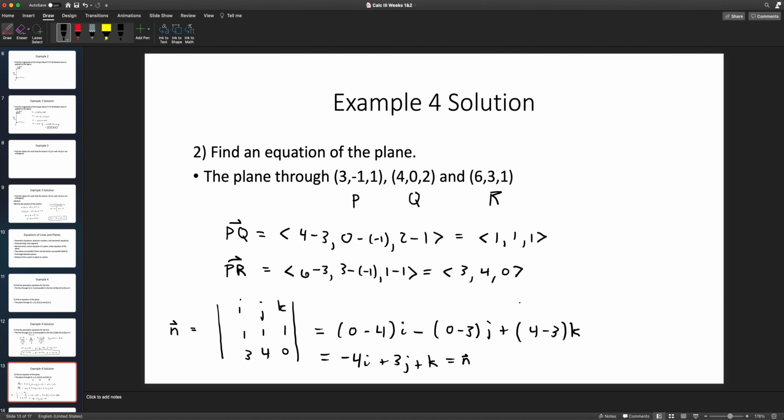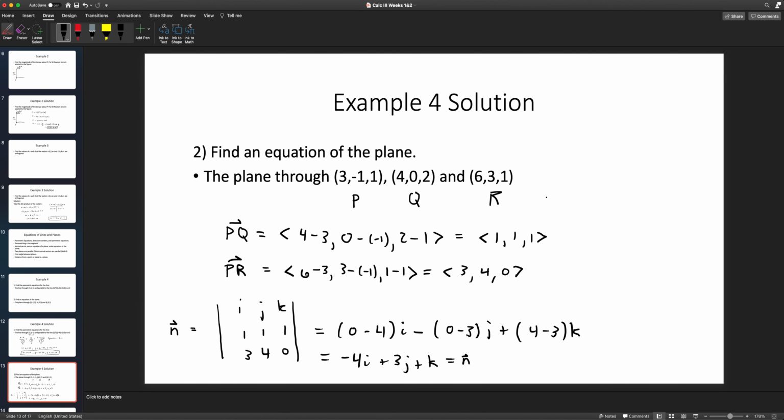So when we have that normal vector n, we just want to use these as the direction numbers and use the general equation of a plane. And we choose one of our points to go through.